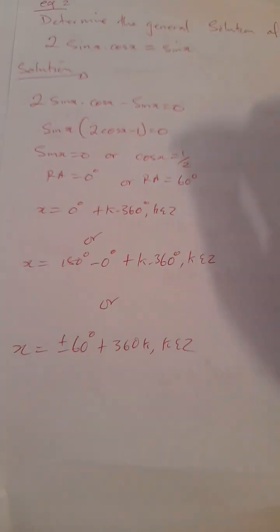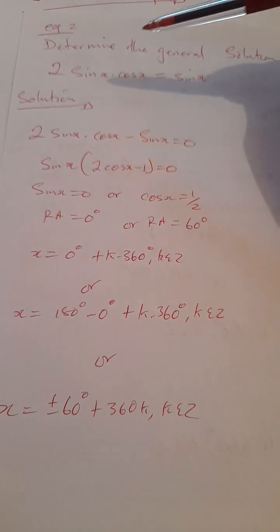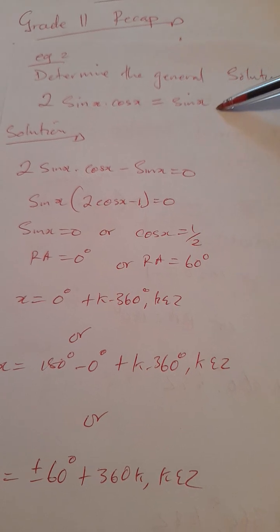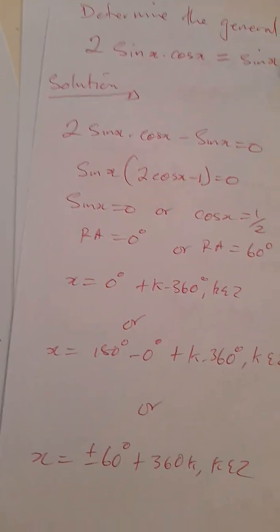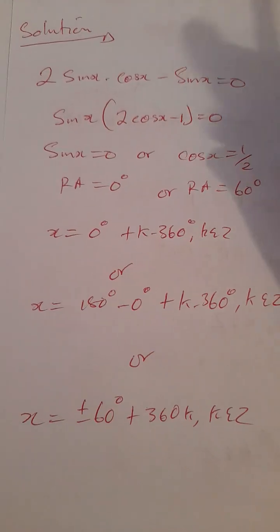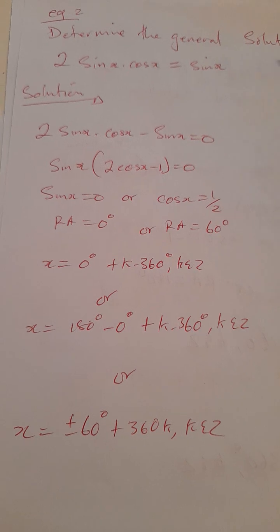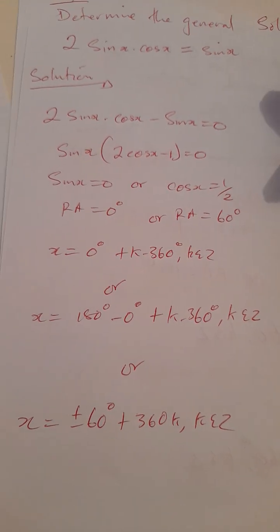Then example number 2, you are given 2 sine x cos x is equal to sine x. For the general solution of this one, the first thing you should not do is divide by sine, as it will give you a 0 there, and yet you want to find the general solution.